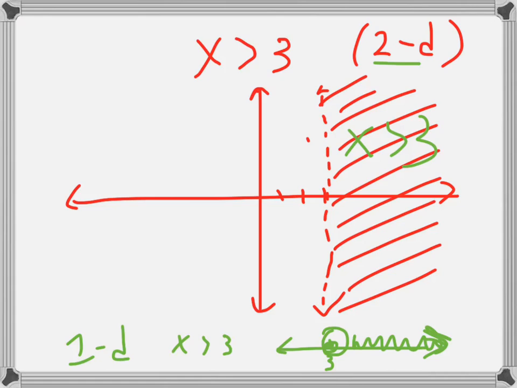So this is the difference between a two-dimensional and a one-dimensional system. And tomorrow we're going to talk about graphing systems of inequalities and finding solution sets to that. Okay?